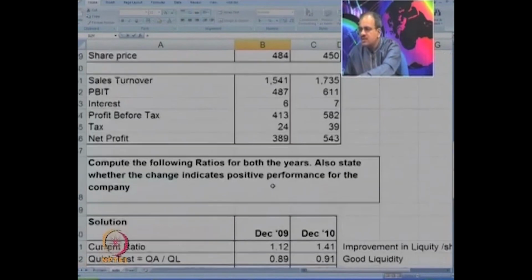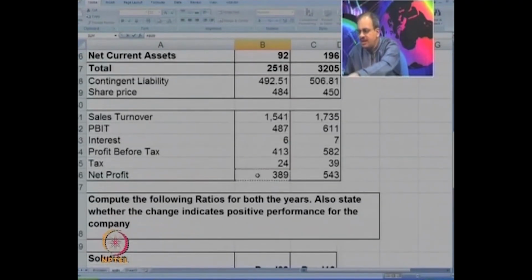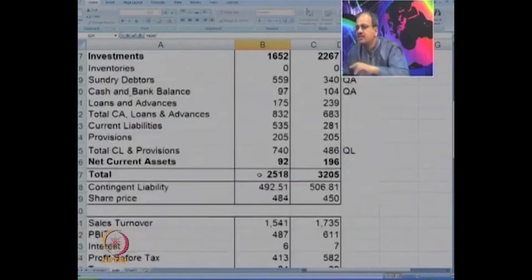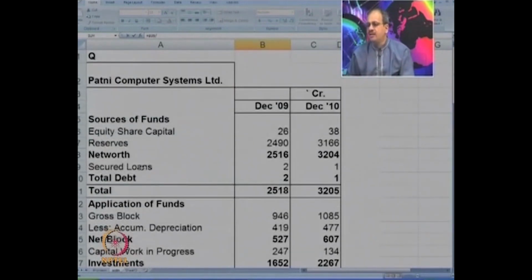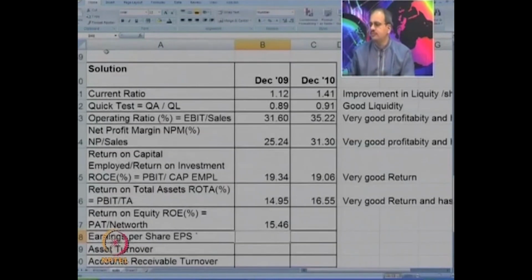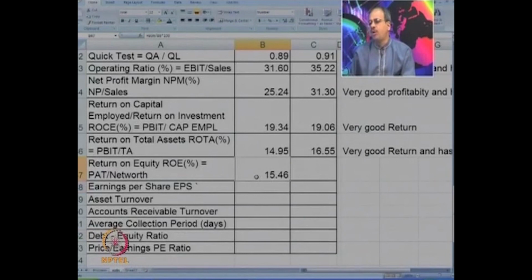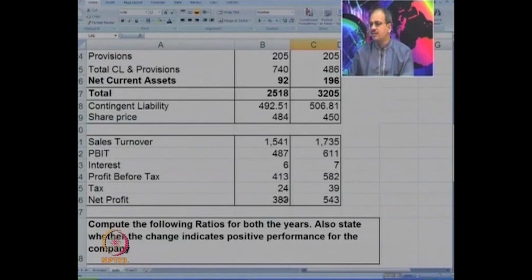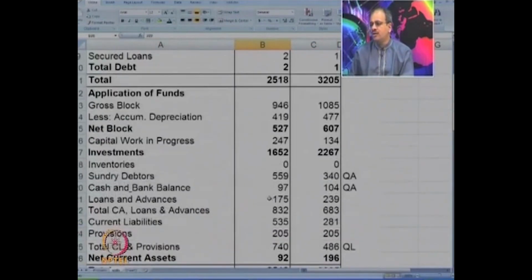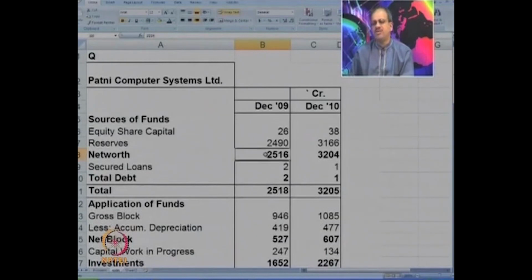So, this is PAT, that is 387 divided by the total of net worth into 100. So, 15.46%, again it is a good return. The current year it has increased slightly to 16%. Are you getting? So, 389 on the net worth.